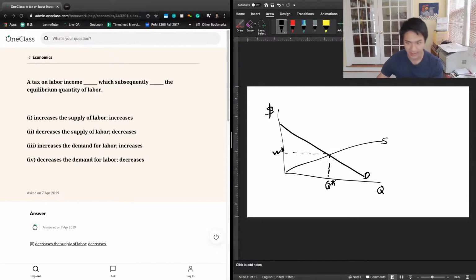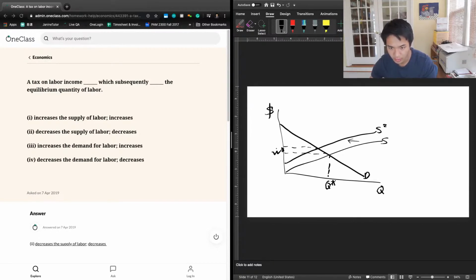And we're going to visualize that as a leftward shift in the supply curve. So this leftward shift is going to be our new supply curve, which gives us a new equilibrium at W2 and Q2.